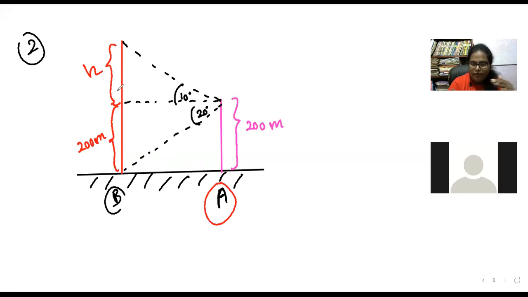So you can see you have been given these two angles and this length also, 200, and you have to think of some method to get this H. If we find this H, we can find the height of the second building. Right, so we can easily take the length between the two buildings as L.